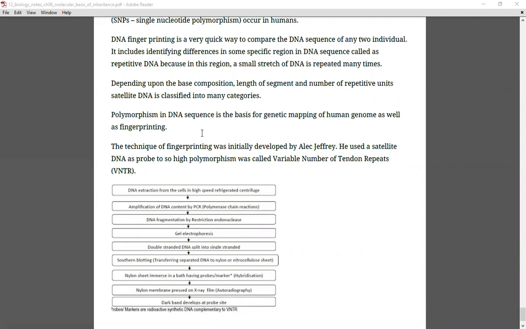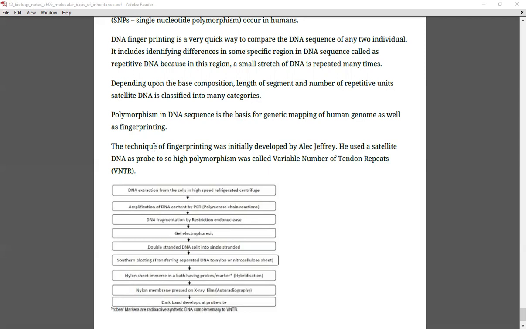So the polymorphism which is observed in the DNA sequence is the basis for genetic mapping. Without polymorphism in the DNA, it is not possible to carry out genetic mapping. So to do the genetic mapping of the human genome as well as fingerprinting, what we need is a DNA sequence in which polymorphism is observed.